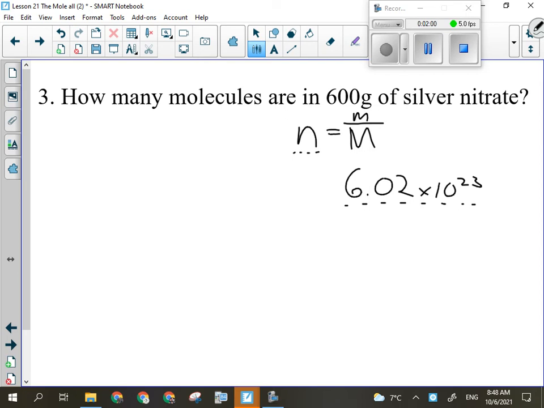How would I do that? You calculate the number of moles and just multiply it by Avogadro's number. Exactly. I would take the number of moles and multiply it by the number of molecules in 1 mole.